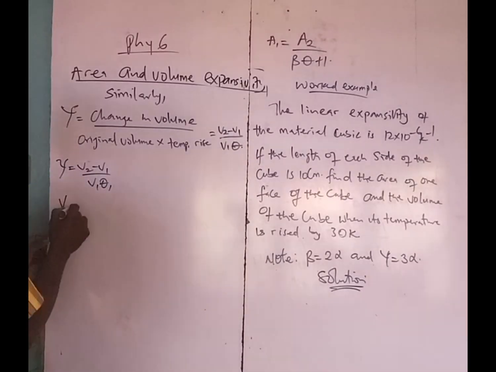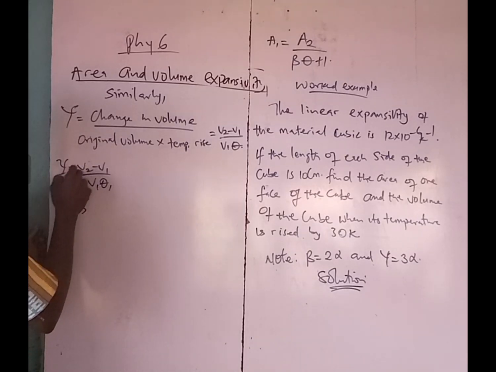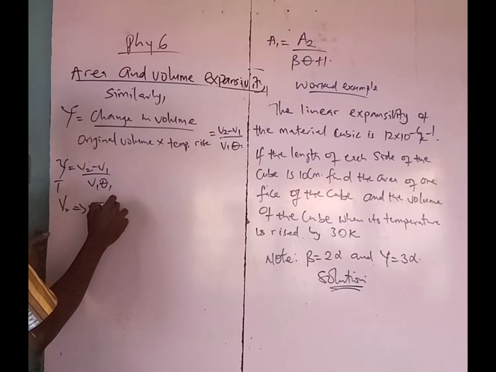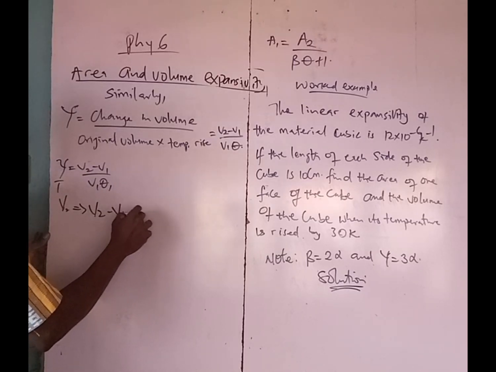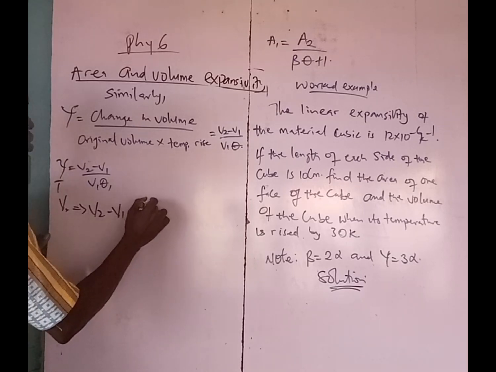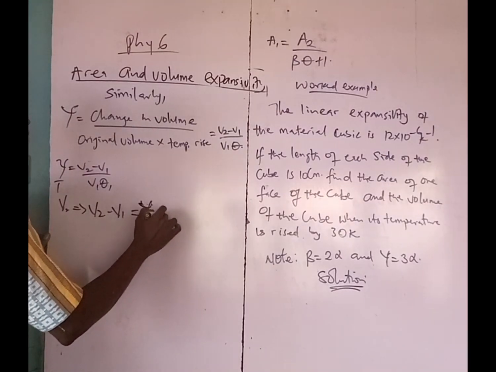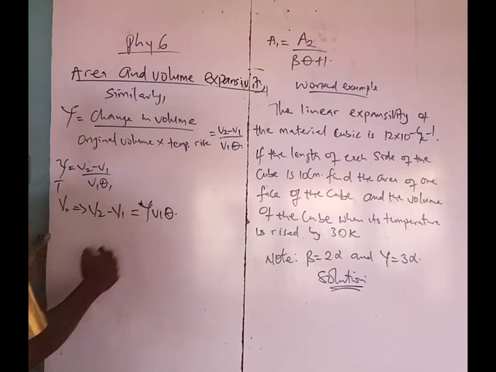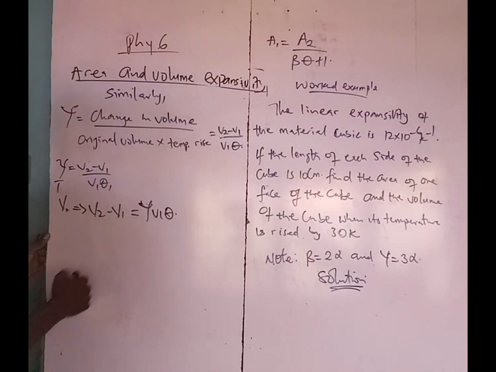To get V2, by cross multiplication, we have V2 minus V1 equal to gamma V1 theta.